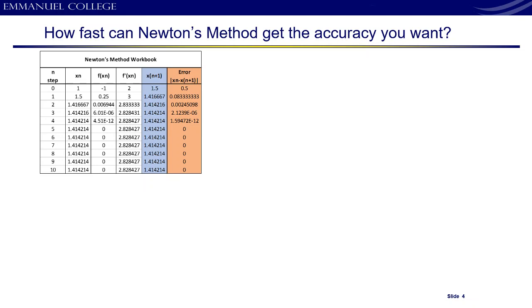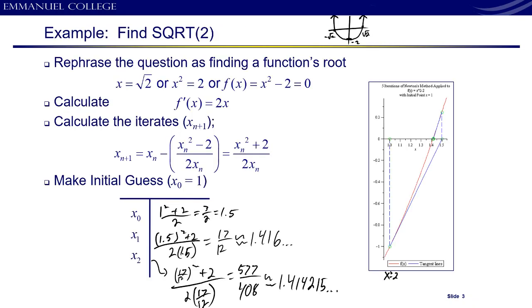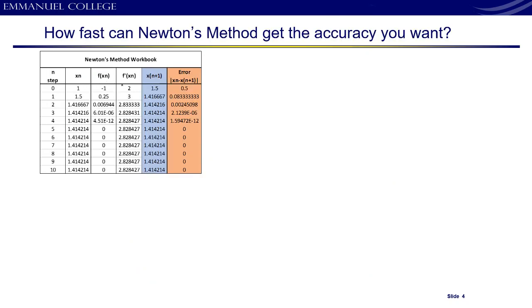So with all of our initial values in place, and one other thing is, if you were to use Excel, you can either turn this whole thing, the x sub n squared plus 2 over 2xn, into a whole cell in itself, or you can still have an f of x cell and an f prime of x cell and an x sub n cell, which is the way this one's set up.